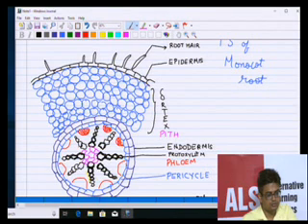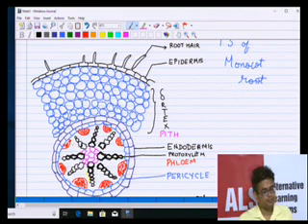Okay, so phloem is having 8 patches, you are going to draw similarly like you draw in dicot root. All right, so this is done now.